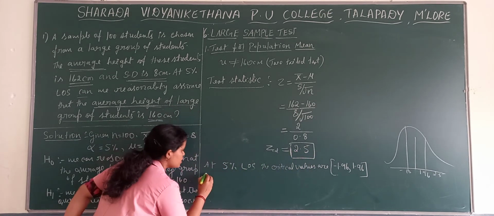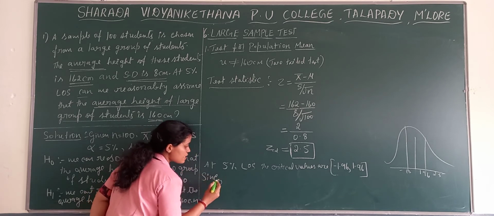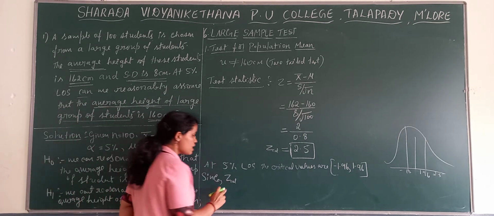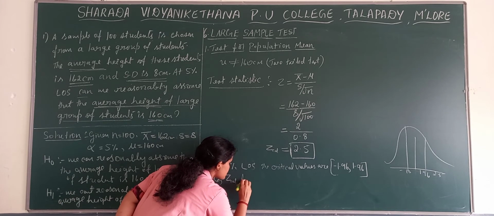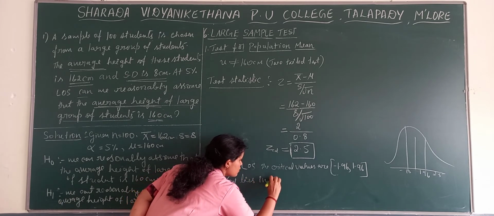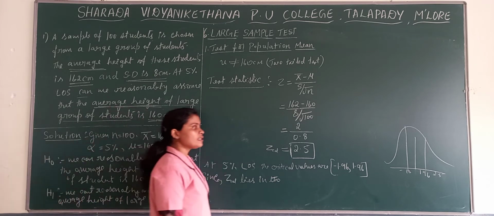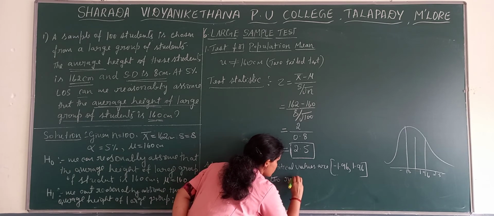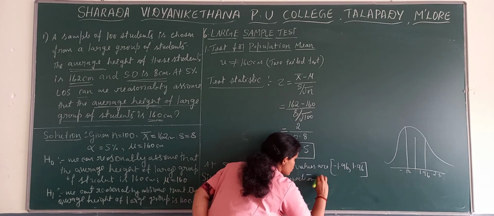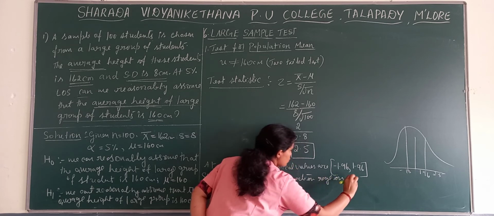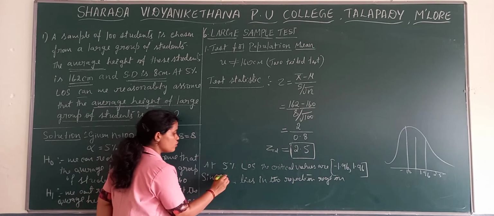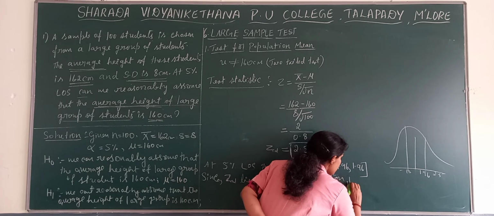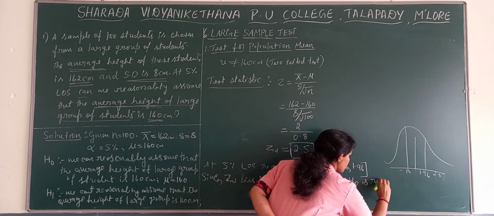So, we need to write here: since Z calculated, that is the calculated value of the normal test, lies in the rejection region, H0 is rejected.